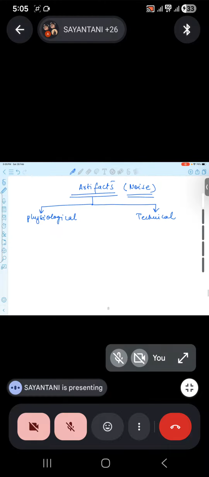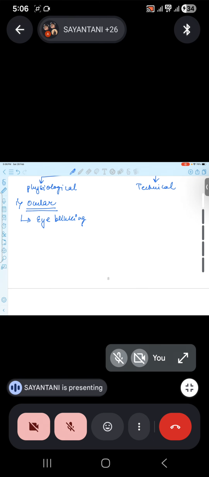Now, corresponding to your EEG recordings, the physiological artifacts can be of three categories. The first one is your ocular artifact. Ocular means something to do with your eyes, right? So the artifact is your eye blinking. Whenever you are continuously blinking your eyes, you can see those sharp changes in signals in your prefrontal cortex.